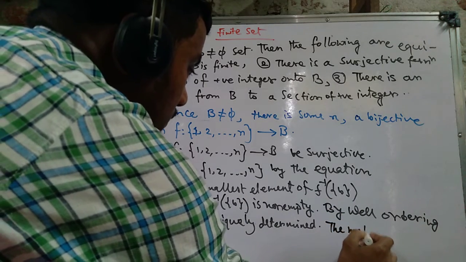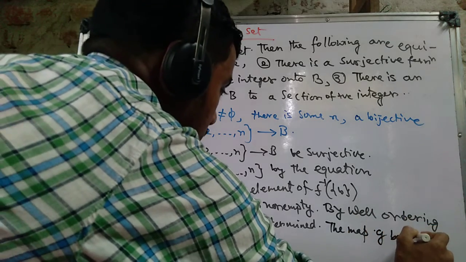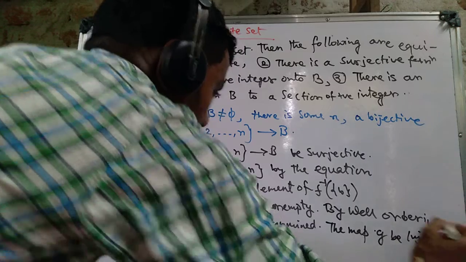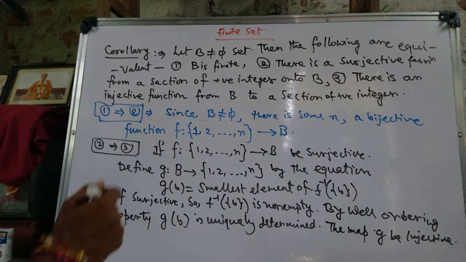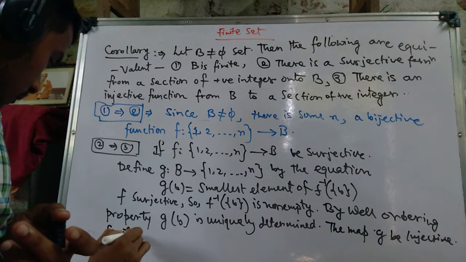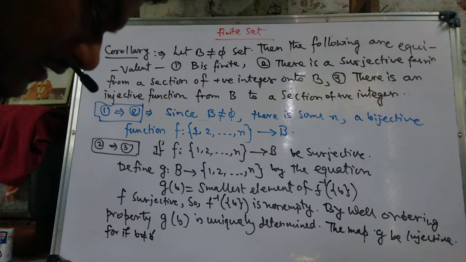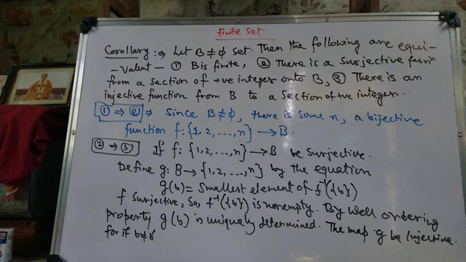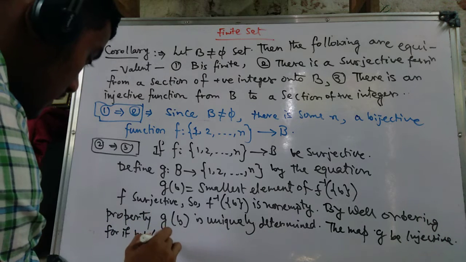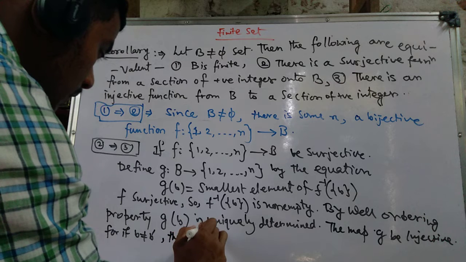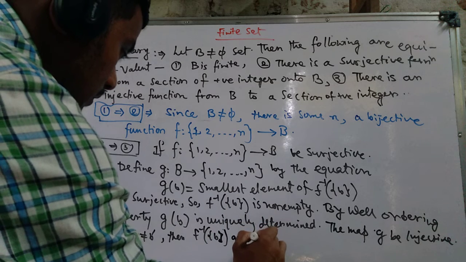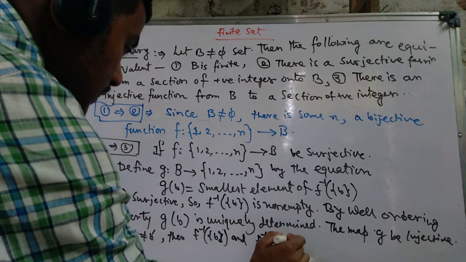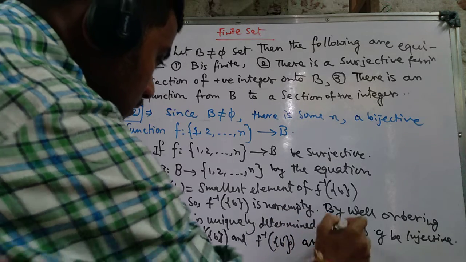The map g being injective means that for b not equal to b dash, the sets f inverse of b and f inverse of b dash are disjoint.